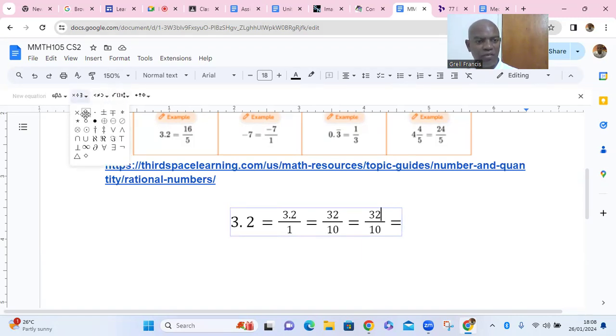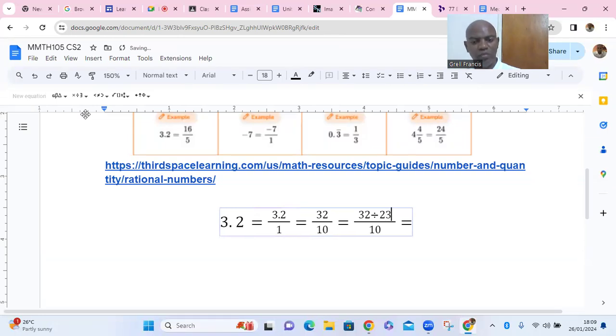The highest common factor of 32 and 10 is 2. 2 can go into 32, 2 can go into 10. That's the highest number that can go into both of them. 1 is the smallest. We are dividing by 2 over 2, which is 1. All right, so that is 3.2, just represented differently.